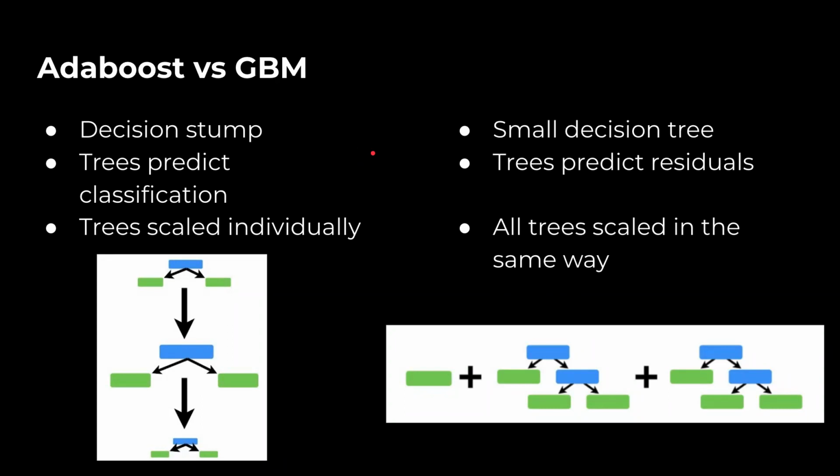So now let's get into GBMs, or at least the difference between AdaBoost and GBM. So we previously saw that AdaBoost uses decision stumps, where GBMs instead use small decision trees. And these decision trees usually have 8 to 32 leaves, but still much smaller than your data set, which probably has thousands, millions, or even billions of examples.